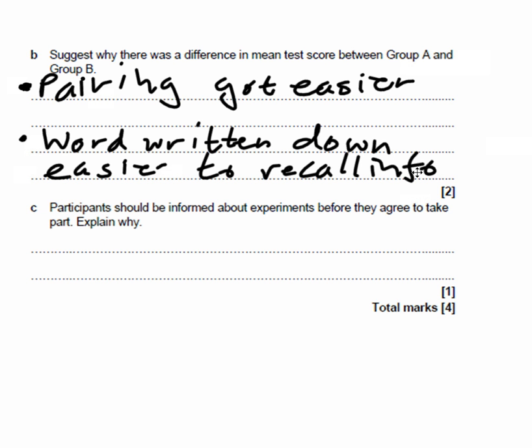Part C says participants should be informed about experiments before they take part and explain why. What we were looking for there is an answer along the lines of any sort of ethical reason. Some examples of answers were people talking about the rights of the people.